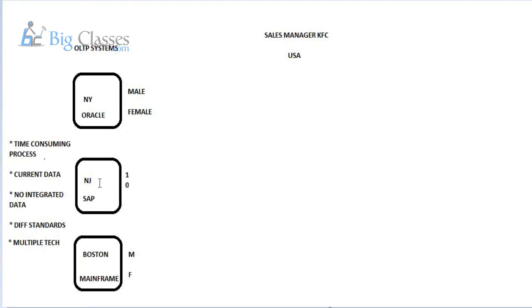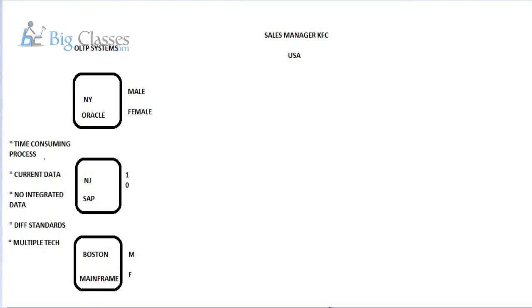One is present in Oracle, another one is SAP, another one is mainframes. So till now there is no tool in the market that can fetch the data from multiple technologies and show it in the report.